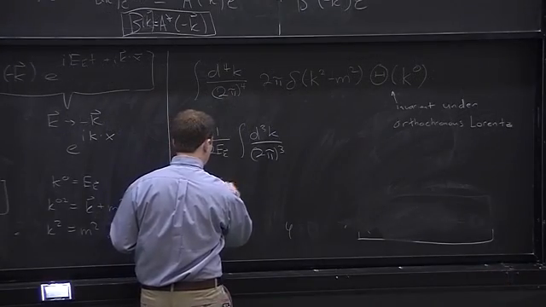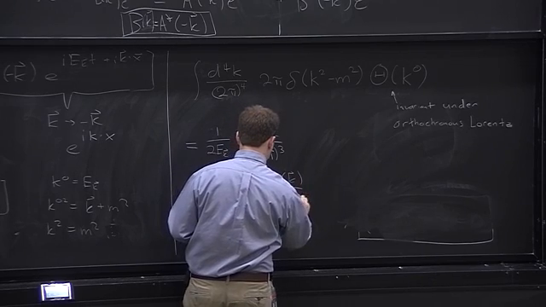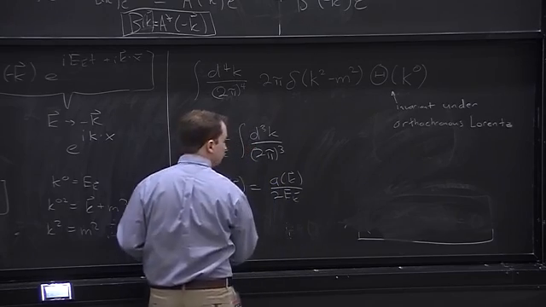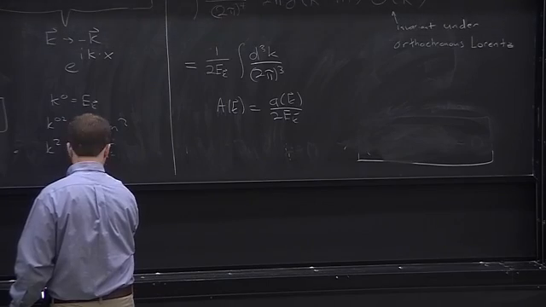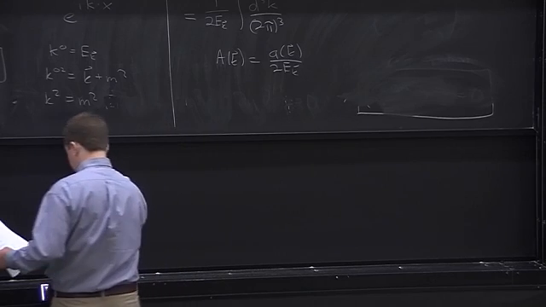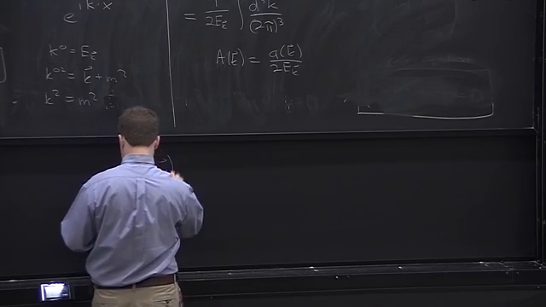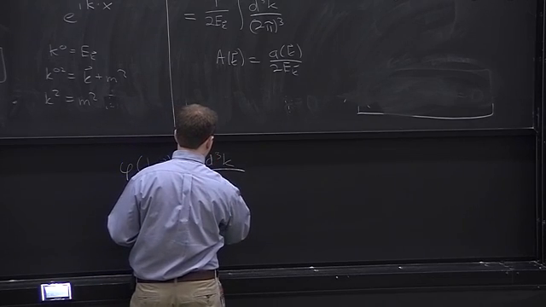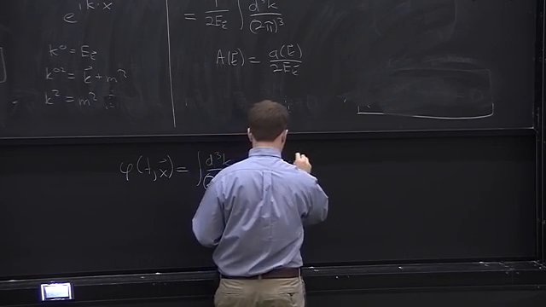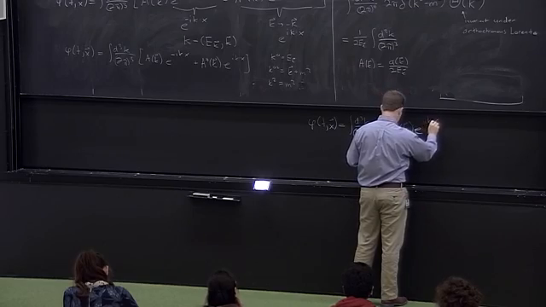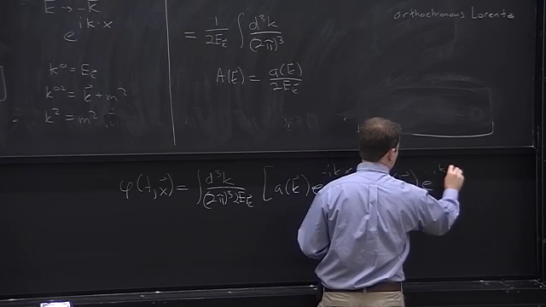So if we define A of k to be equal to small a of k over 2 ek, then we can write phi of t and x is the integral d3k over 2 pi cubed 2ek, A of k e to the i k dot x plus A star of k e to the minus i k dot x.